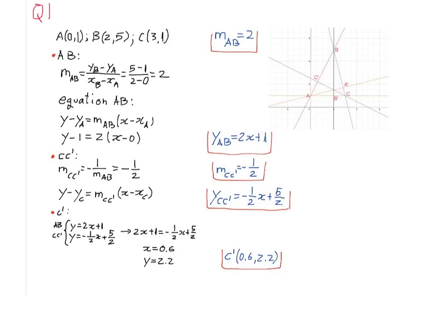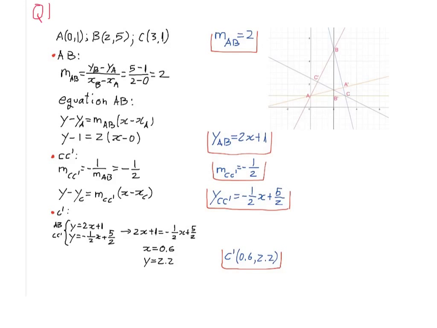But because the coordinates of A are easier numbers to work with, like 0 and 1, I've used those, and I got the equation y minus 1 equals 2 times x minus 0. So yA is 1, xA is 0, and I got the equation of AB, which is y equal to 2x plus 1.